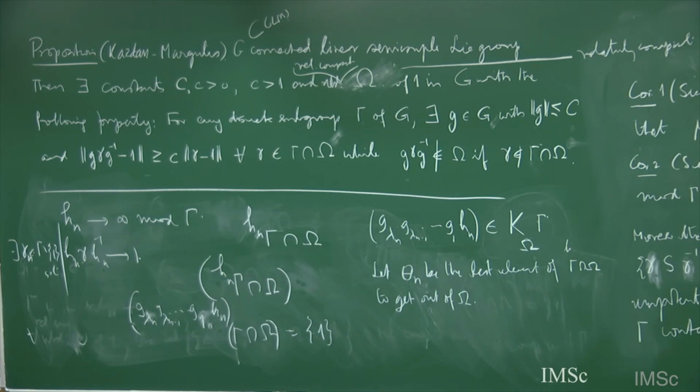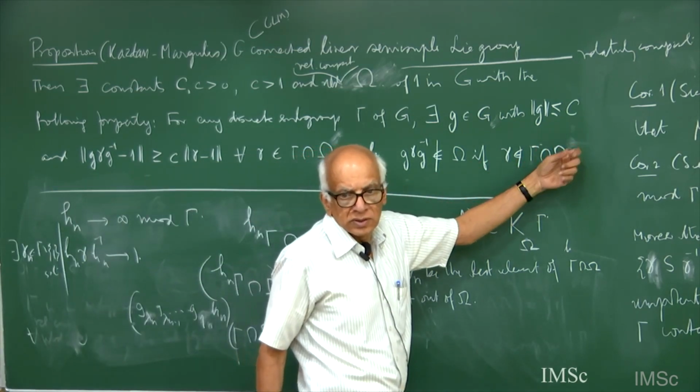There is a suitable G every time you conjugate. You make one conjugation, there will still be some elements inside omega, then you may need a different G. I am not saying the same G is going to work. The only condition on G is that G stays within a bounded set, in a relatively compact set.